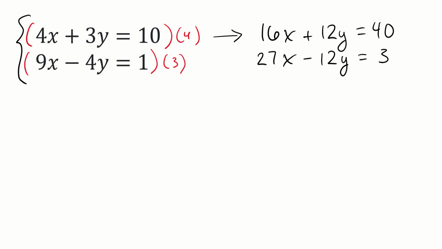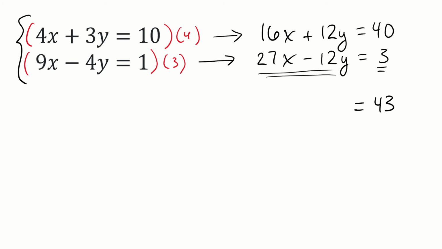So now we're in a great situation where I'm essentially adding 3 to both sides of the top equation. On the right hand side, I'm going to get 43. On the left hand side, I'm not actually going to add 3. I'm going to add something that's equivalent to 3. And according to the second equation, 27x minus 12y is equivalent to 3.